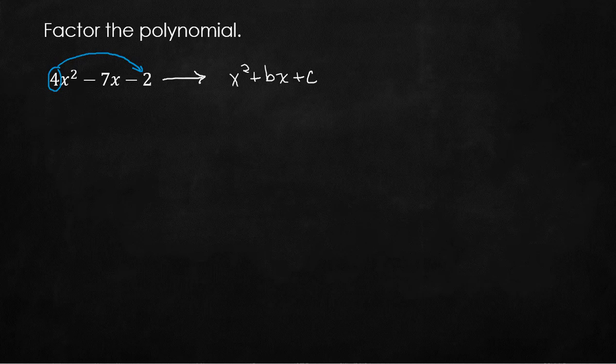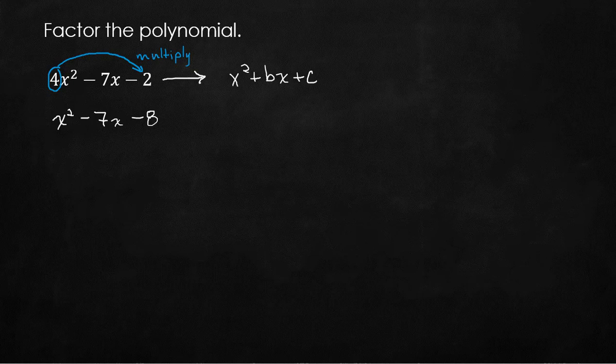And when we do that, we're going to multiply here. All right, so we now have the polynomial x squared minus 7x minus 8.